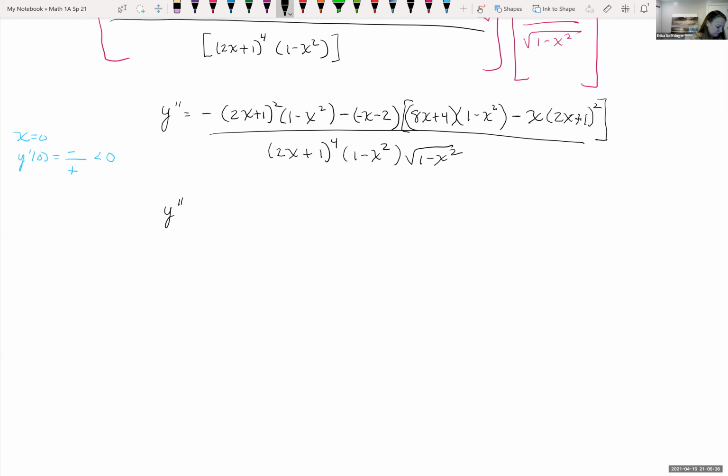Okay. Right now, I'm going to distribute out 2x plus 1 times 2x plus 1 quantity squared. If I do that, that is 4x squared. That would be a 2x plus a 2x, so plus 4x plus 1. And at the same time, I'm going to distribute this negative to the second parentheses.